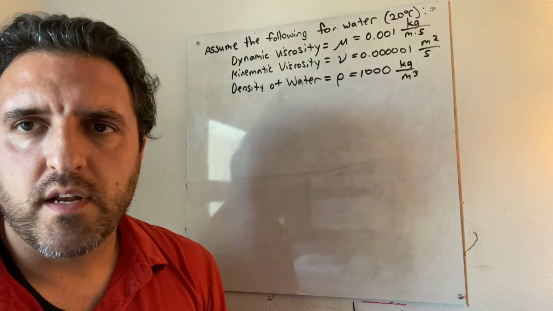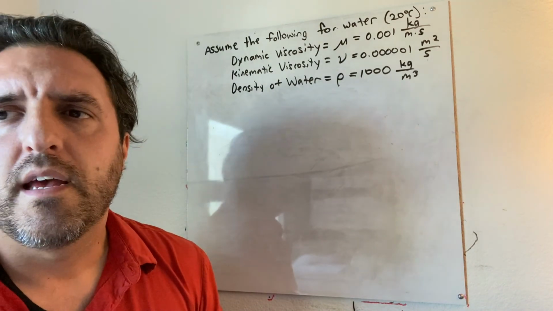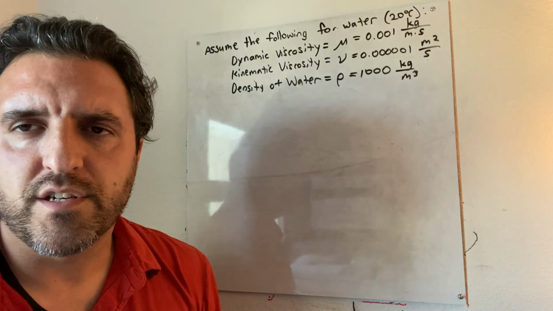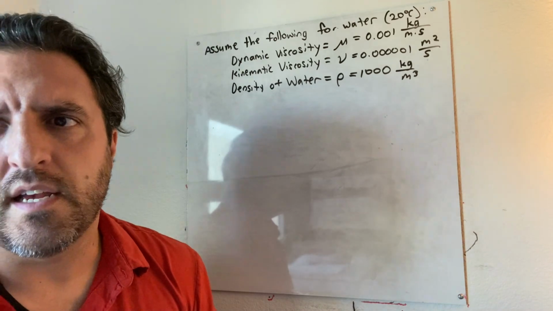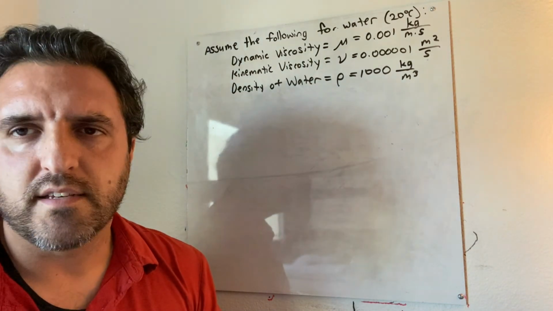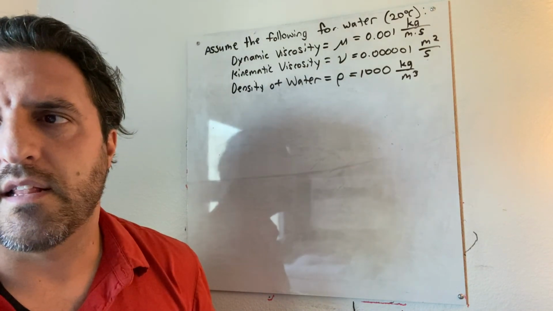And if it's above 1, we're going to then calculate the drag coefficient and use that in Newton's equation to calculate the settling velocity, check the Reynolds number, recalculate the drag coefficient, etc., and repeat that process until we get a stable value for the settling velocity.